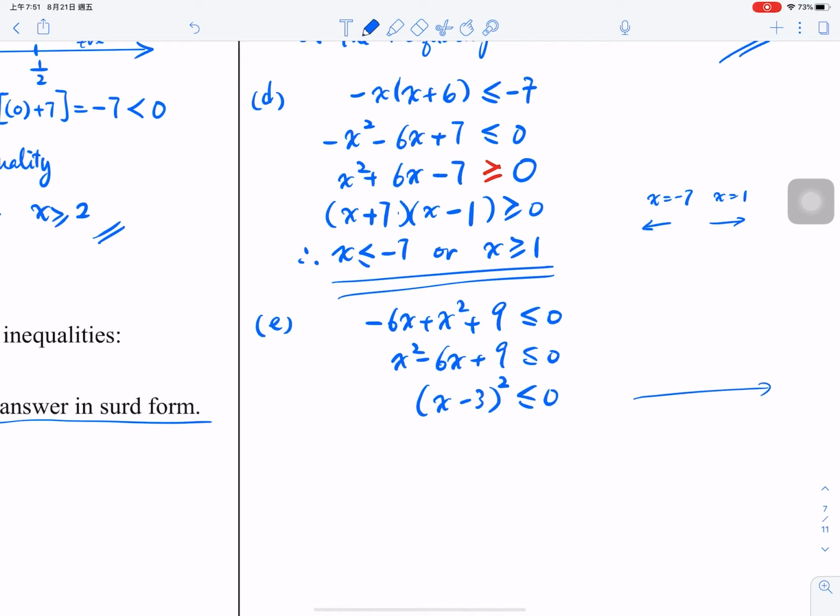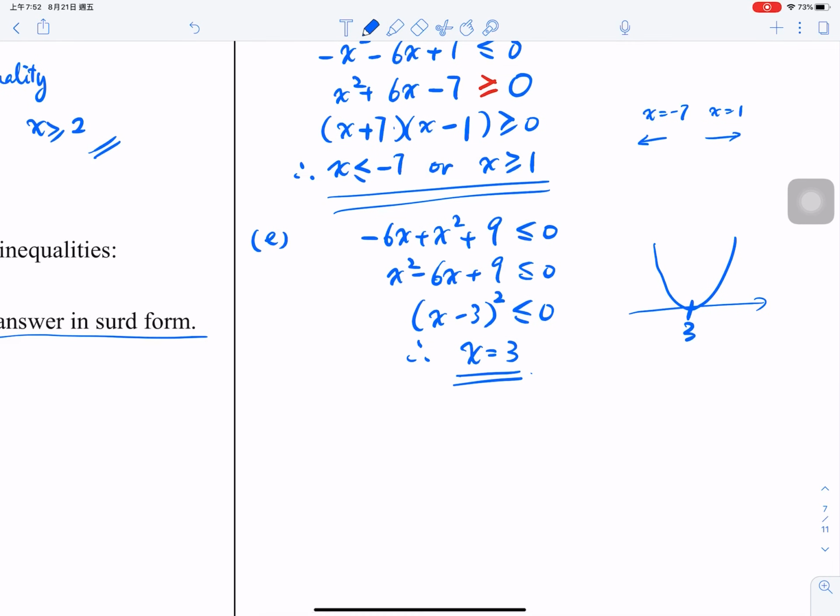And you can sketch it roughly. Right, this one is 3. And you want to get the value of x. Now, y should be smaller or equals 0. However, most of them are greater than 0. Only this point equals 0. That means the answer, x equals 3 is the only answer.